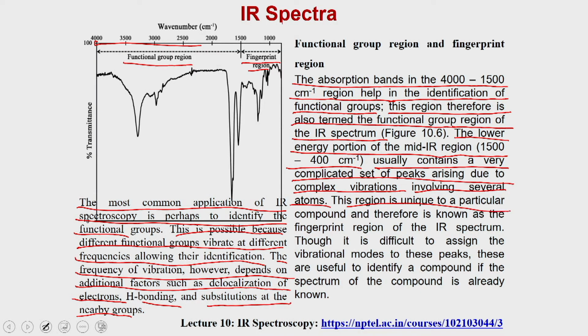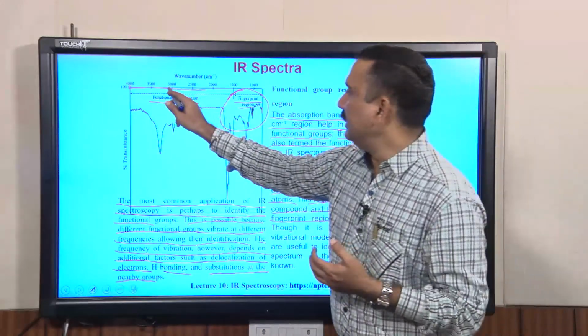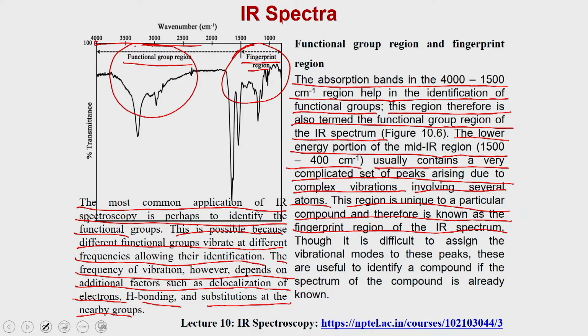This region is unique to a particular compound and therefore is known as the fingerprint region of the IR spectrum. Here you have multiple peaks corresponding to a particular compound, so these peaks tell you the compound, whereas the peaks in the other region give you the presence of a functional group.